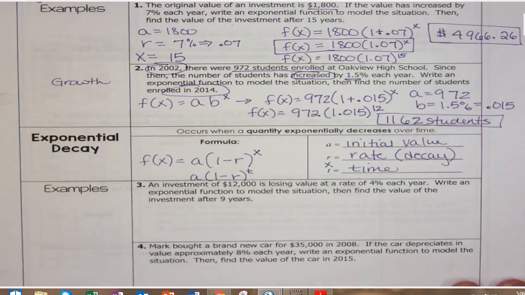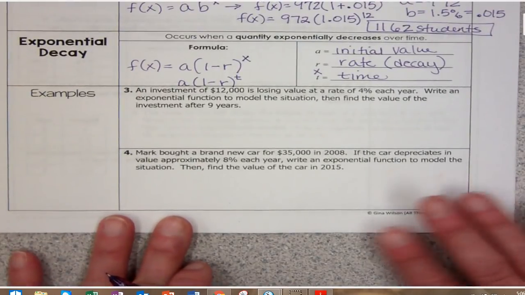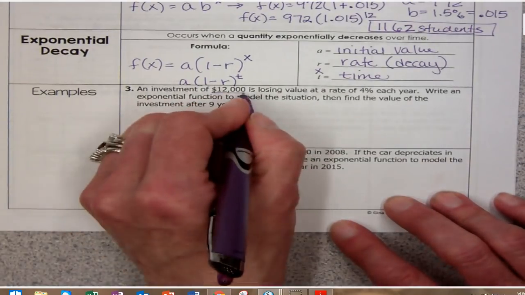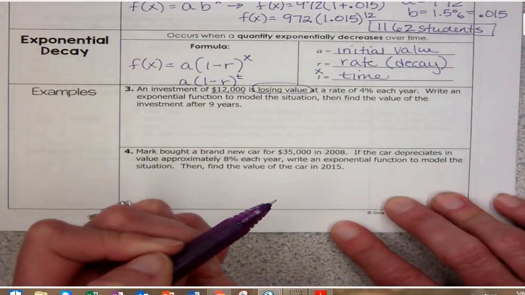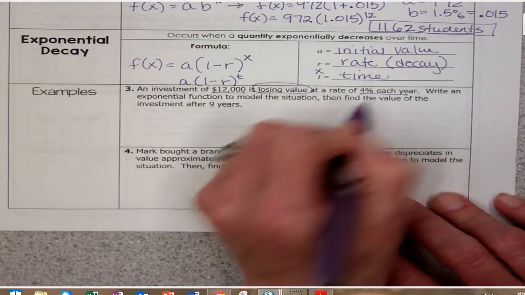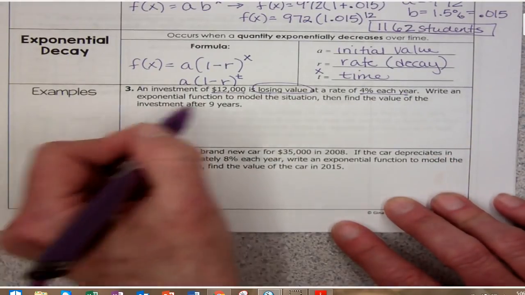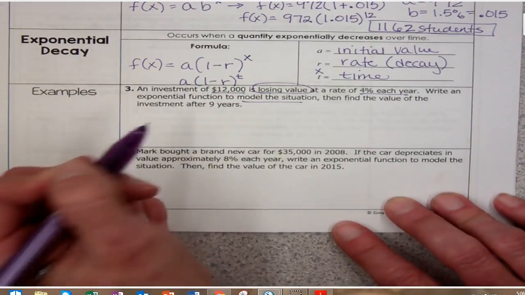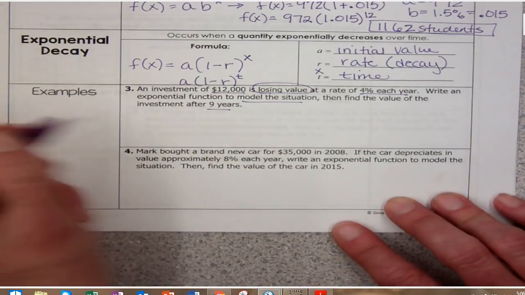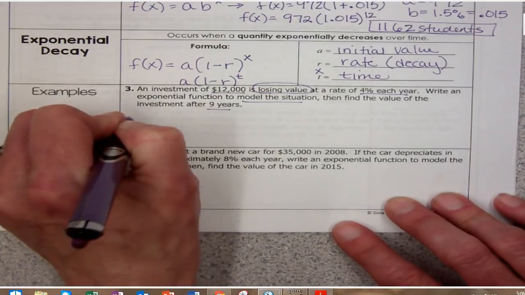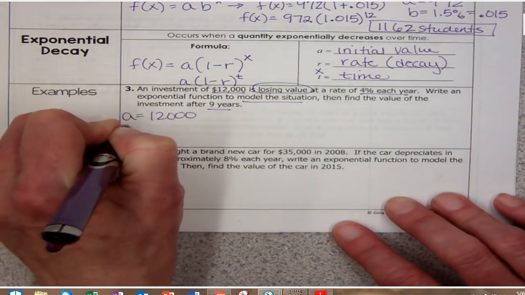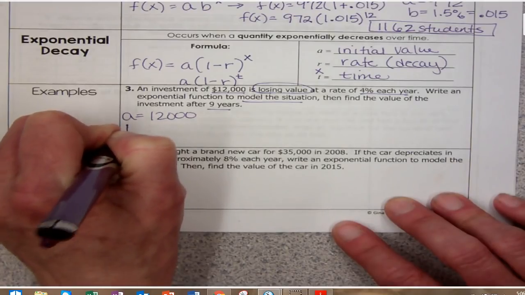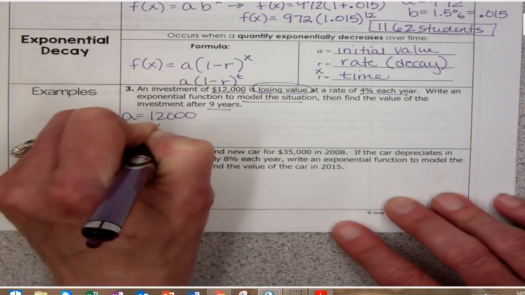Okay, so now one of the examples is the investment of $12,000 is losing value, or depreciating, at a rate of 4% each year. What is the exponential function to model the situation, and find the value after 9 years? So our initial amount is $12,000. The depreciation rate is 4%.